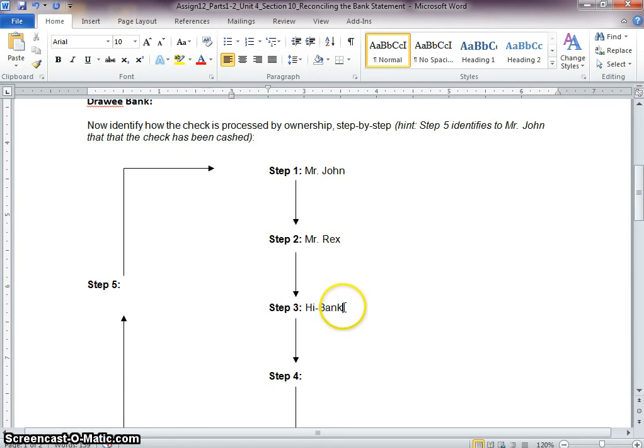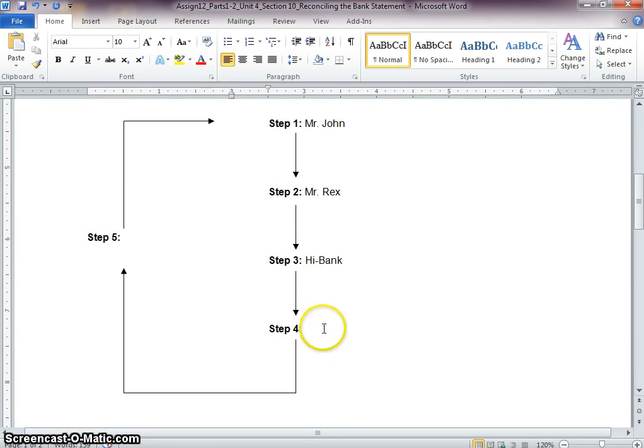So once it's at his bank, his bank is going to contact Mr. John's bank, which we discovered was Bank of America, and say, hey, I have a check here that's requiring me to take $1,000 out of one of your customers' accounts. In this case, it's Mr. John.